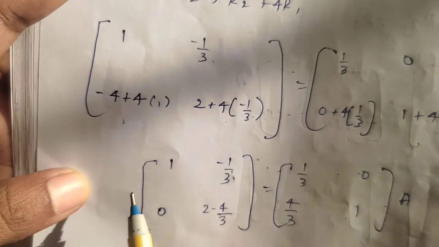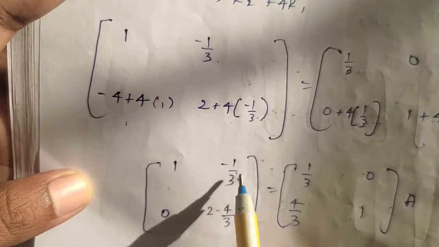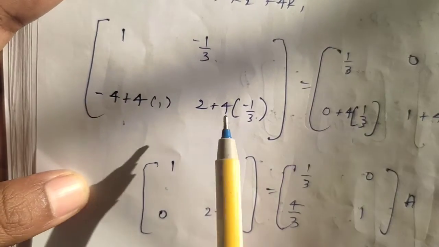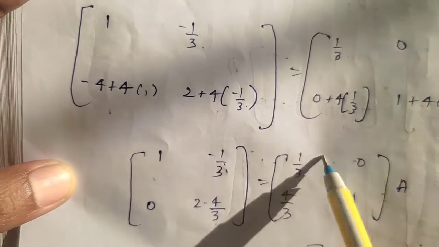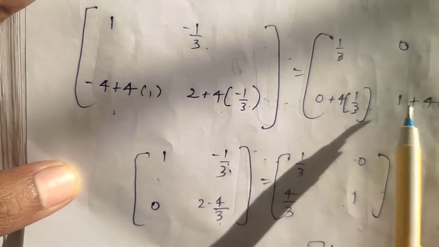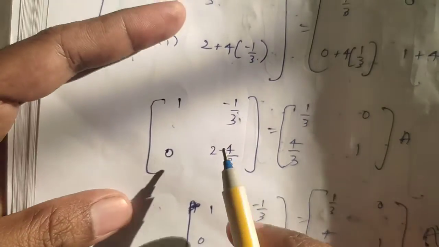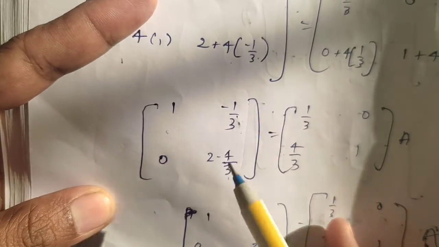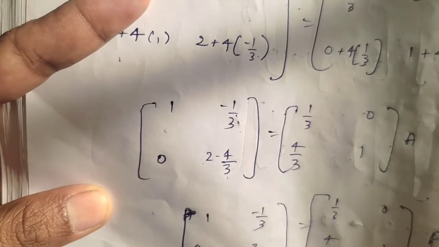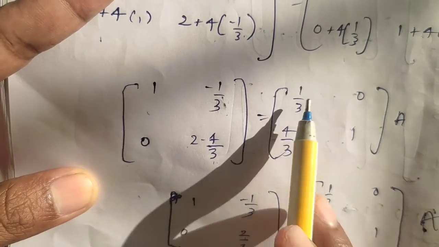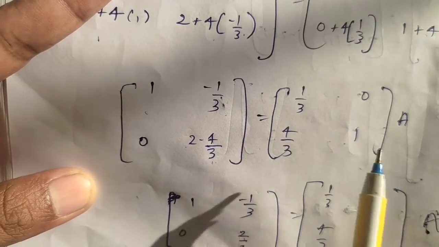Next step, simplify this. 1 minus 1 by 3, minus 4 plus 4, 0, 2 minus 4 by 3, 1 by 3, 0, 4 by 3, 1. Simplify this. 0 minus 1 by 3, 0, 6 minus 4 by 3, that is 2 by 3, 1 by 3, 0, 4 by 3, 1.